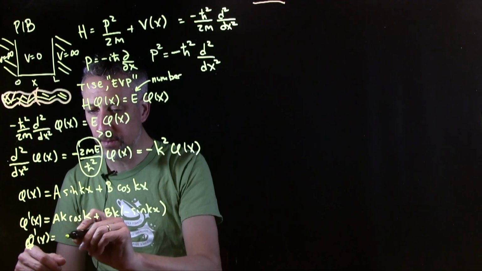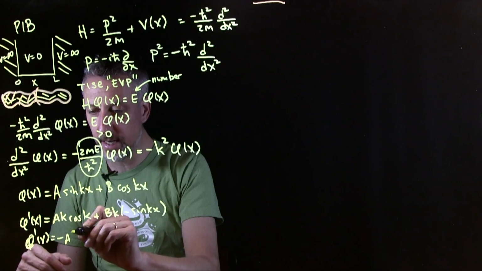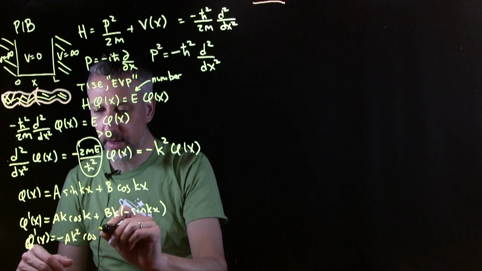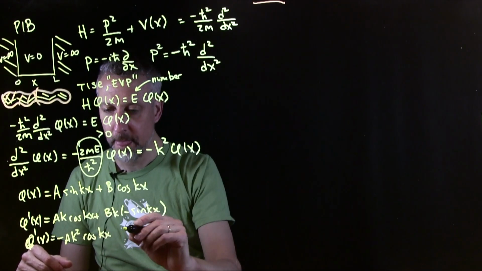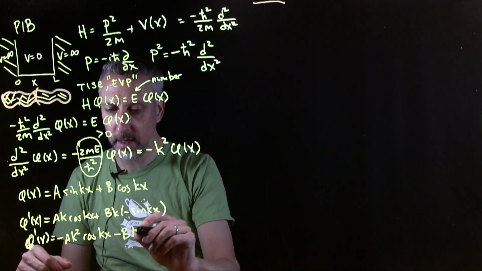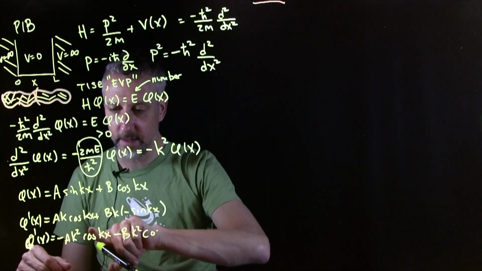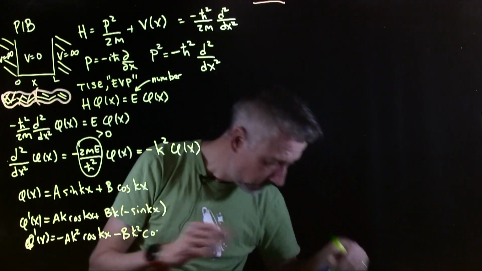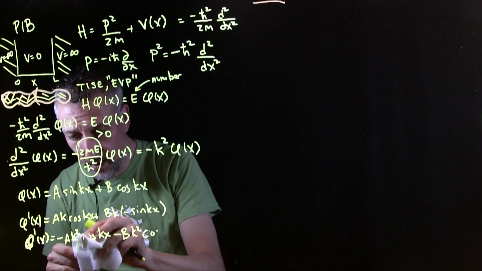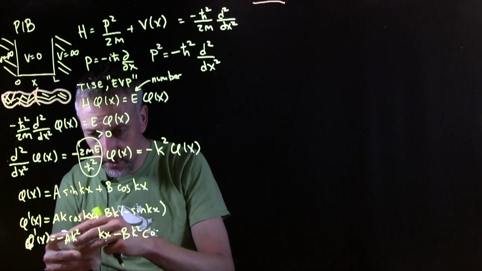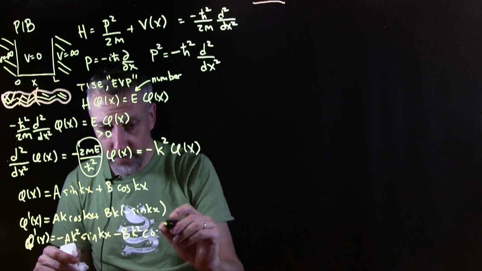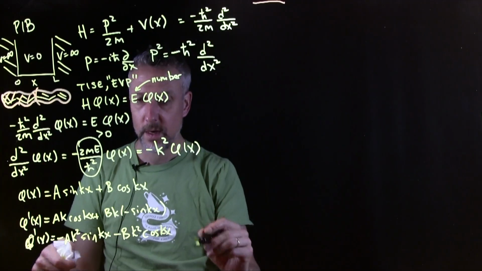That just gets me back minus A k squared sine kx, minus B k squared times cosine kx. Whoops, this should have gone back to sine. You can kind of do it on autopilot, but then you see what happens. Sometimes you crash into a tree. Sine, cosine, kx. Good.